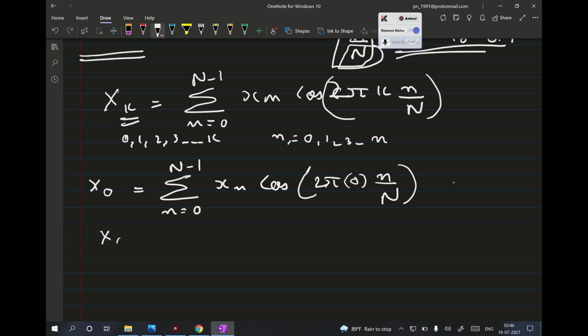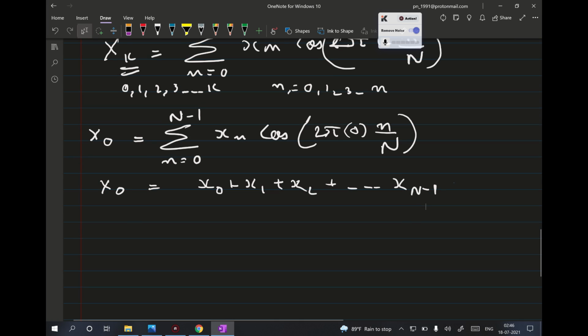So my X_0 will always be a constant. It will simply be x0 plus x1 plus x2 till x_{N-1}. Similarly we will have an imaginary part, but it will be 0.